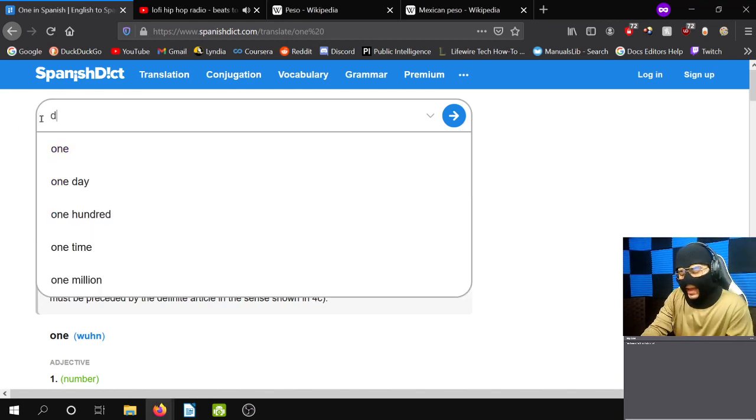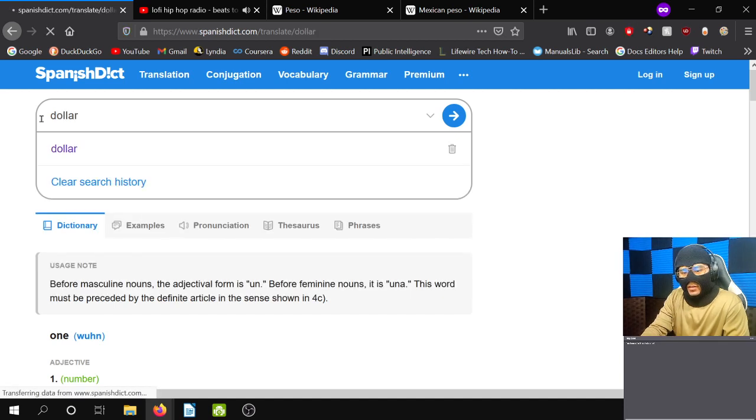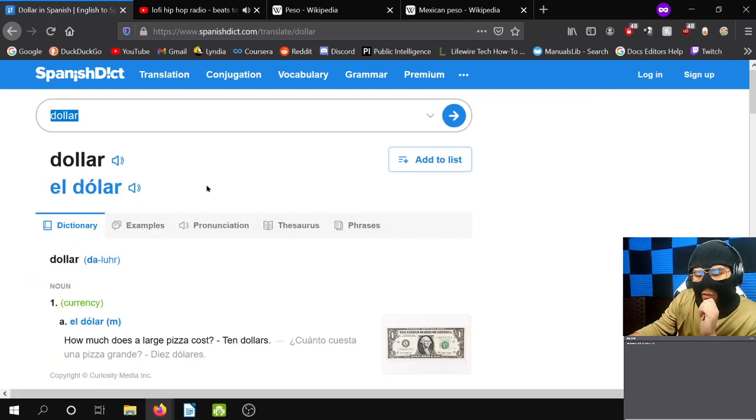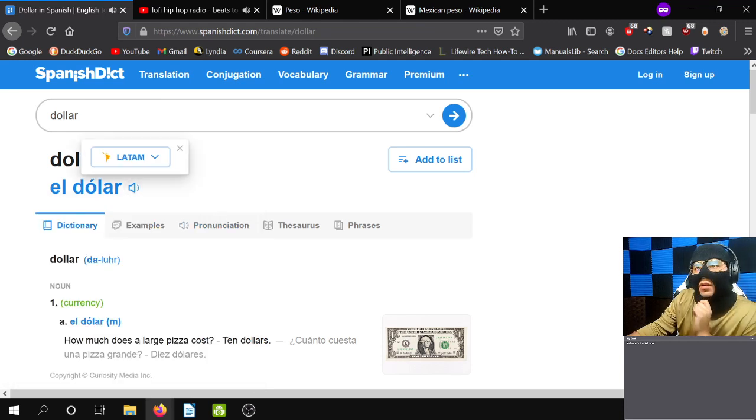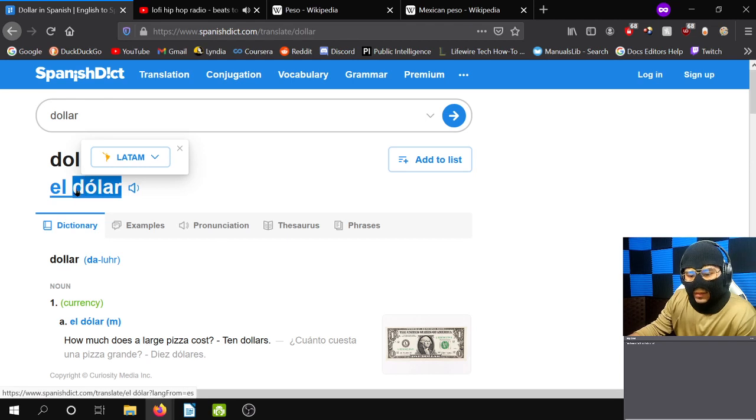Now, the last one is dollar, which is el dólar. Dólar. As you can see, this one has an accent. So el dólar would be the dollar.